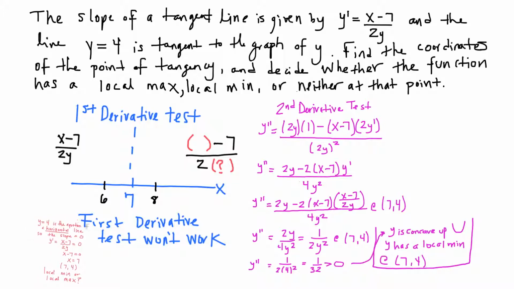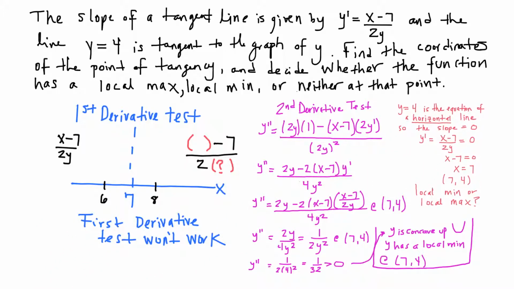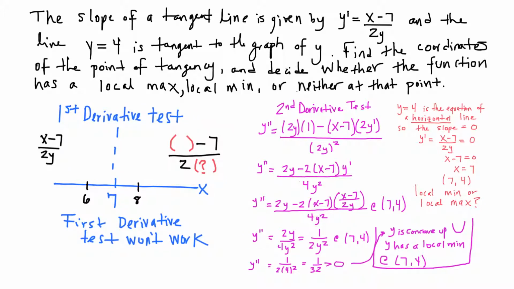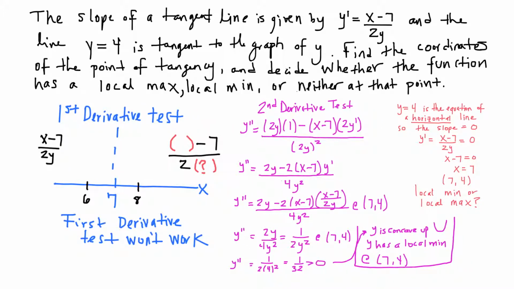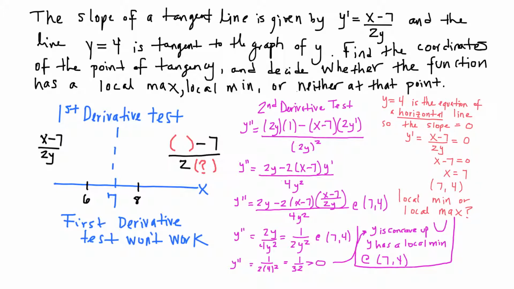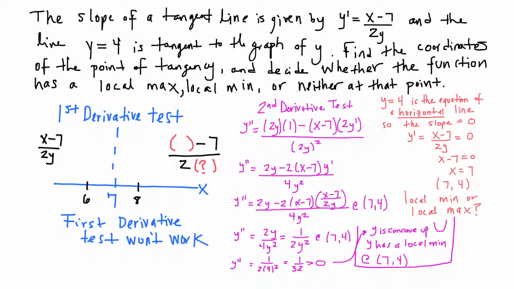This was the first piece that just told us that the x-coordinate was 7 because we had to take y prime and set it equal to 0. Okay? Spend some time looking at it, and hopefully if you see something similar like this, say on a test, you know what to do.